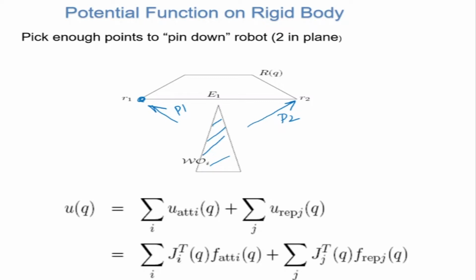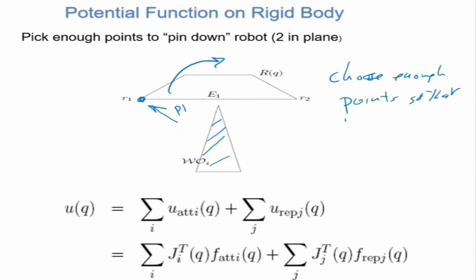Now please note that suppose there is only P1, and the robot will tend to rotate like this. What will happen is this part may go and hit the obstacle. So I have to choose enough points so that the robot avoids the obstacle.